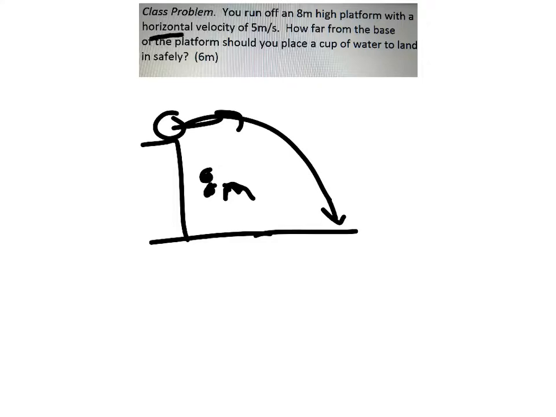This is where the problem becomes important. You have to read for direction. Horizontal velocity, so we would call that 5 meters per second horizontally. So we didn't jump up, we didn't jump down, we just ran straight off this thing at 5 meters per second, fell 8 meters, and then it wants to know, well, how far should you place a cup of water to get caught?